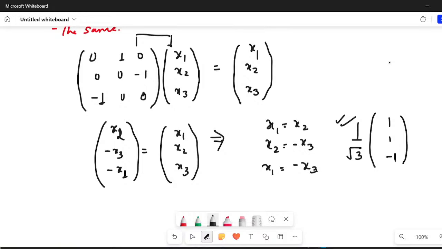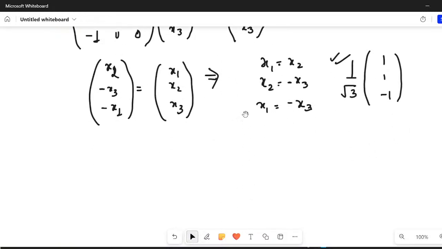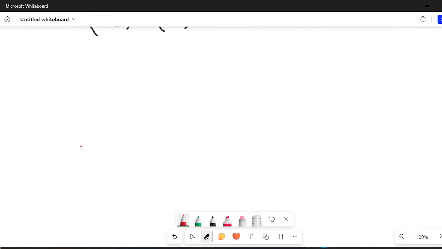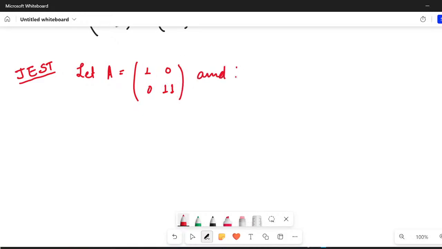Now you see there's a question that was asked in the JEST exam, and it is based on similarity. The question says, let A be equal to 1, 0, 0, 11, and M equals 10, 3i, -3i and 2.